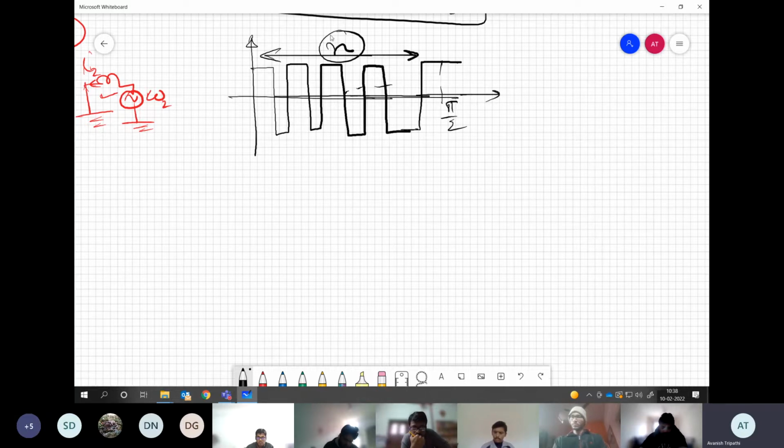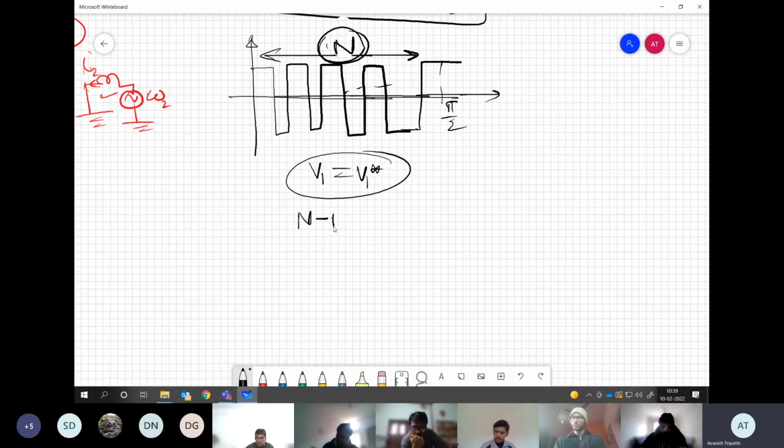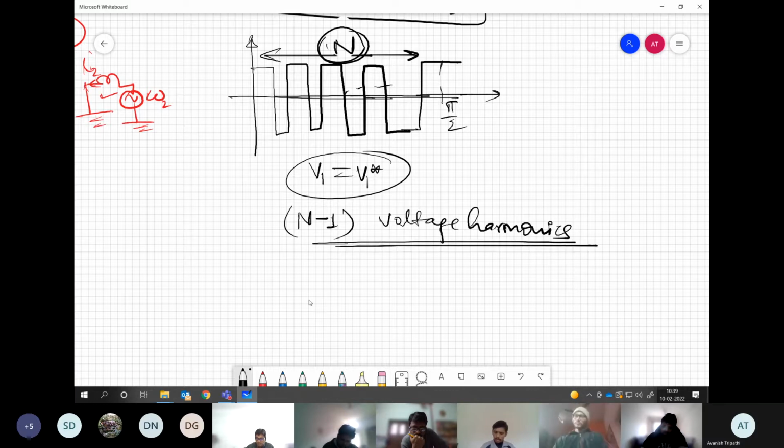Okay, let me write it in capital N to differentiate it from the harmonic order. If I have N switching angles within the quarter cycle, I can have my fundamental at the desired value and I can eliminate a total of N-1 voltage harmonics. And the inequality will still be valid.